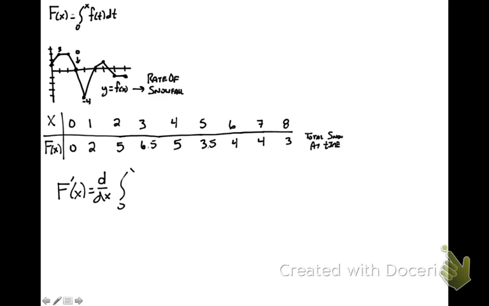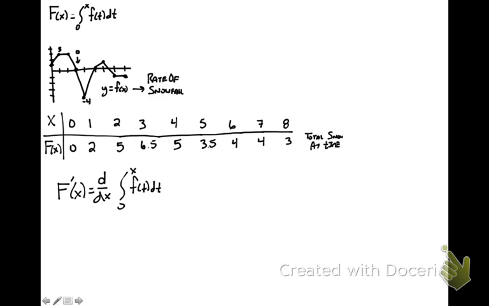Right, we're just taking the derivative of both sides of that original equation. And the question you should ask is, well, if you took the derivative of an integral, what would you expect to happen? Well, you should expect those things to cancel one another out. They're inverse properties.